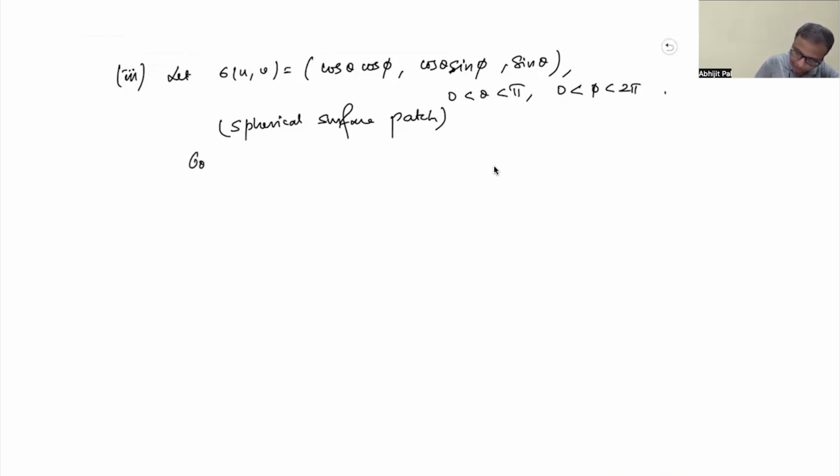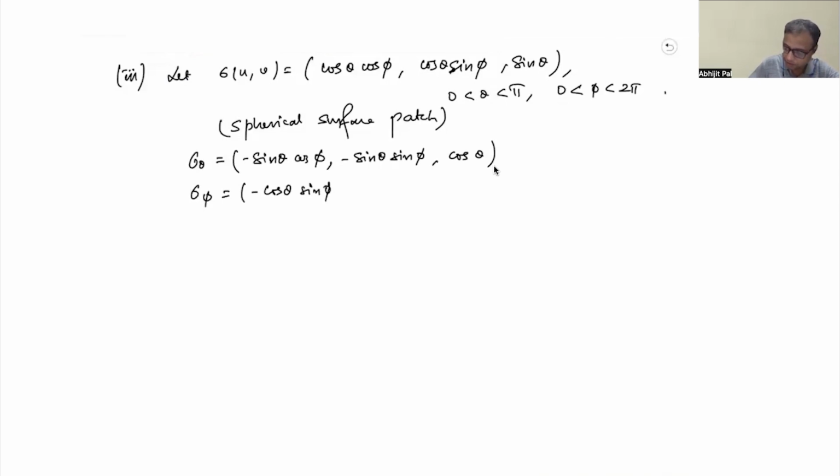Sigma_theta here will be equal to (minus sin theta cos phi, minus sin theta sin phi, cos theta), and sigma_phi will be equal to (minus cos theta sin phi, cos theta cos phi, 0).